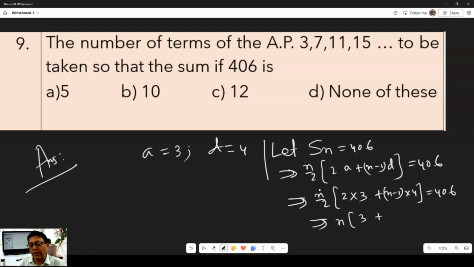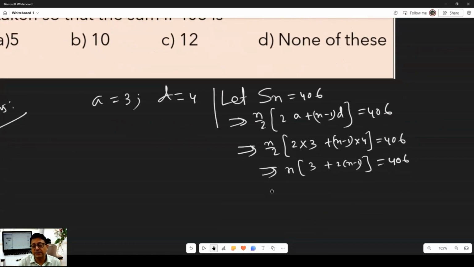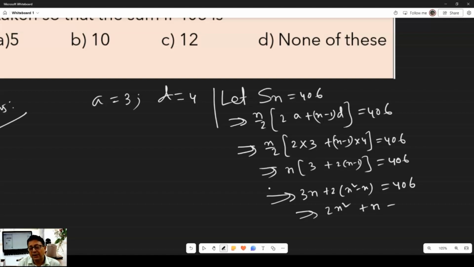So n into 3 plus 2 into n minus 1 equals 406. Clear? Understood? I have divided by 2, nothing else. So this implies 3n plus, open the bracket, so this is 2n square plus n minus 406 equal to 0. Clear? Can you find n from there?